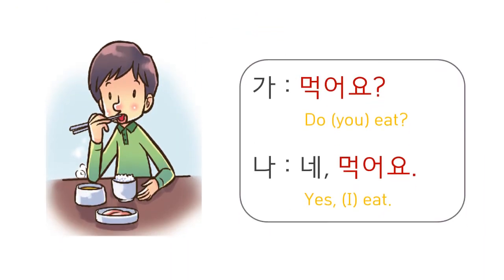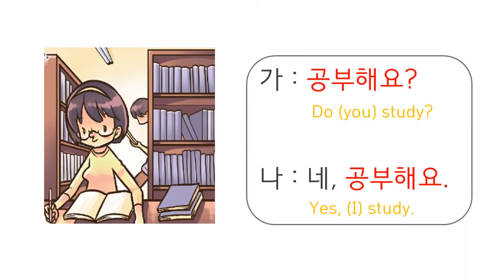So here are some sentences, so you can practice reading them out yourself and then listen to the exact pronunciation. 먹어요? 네, 먹어요. 공부해요? 네, 공부해요. So here in these sentences, you can see that to make it a question, you don't actually have to change anything in the sentence except the inflection at the end.